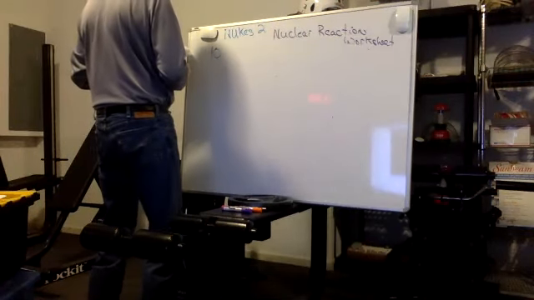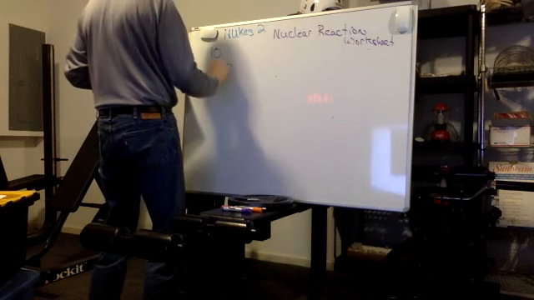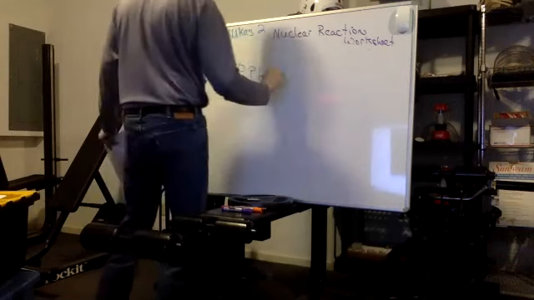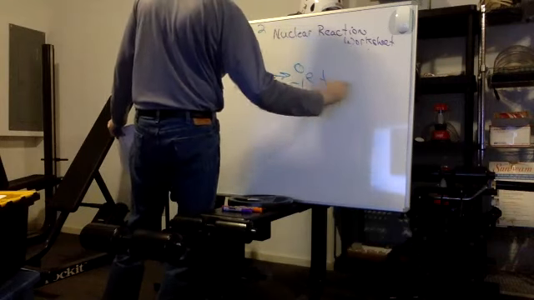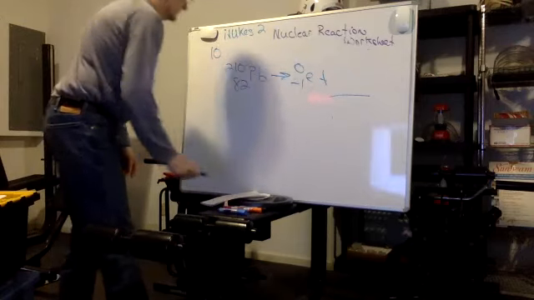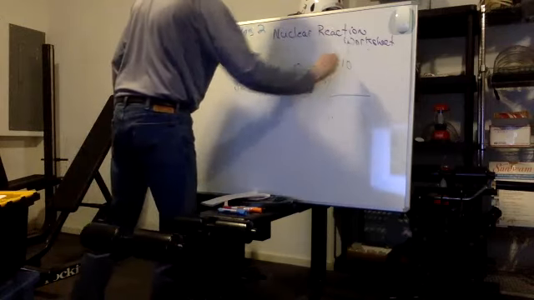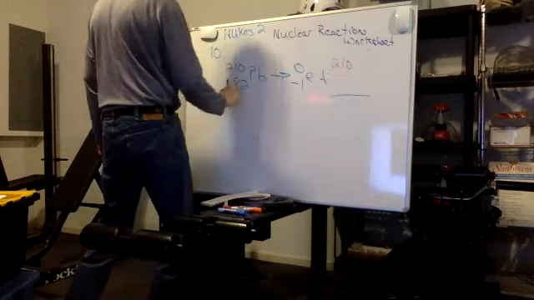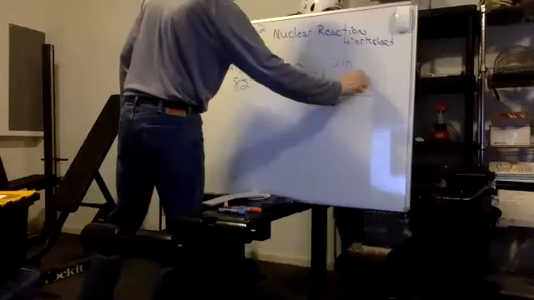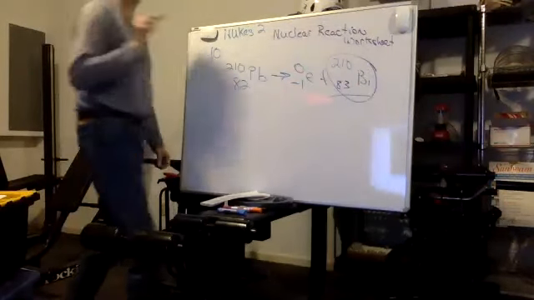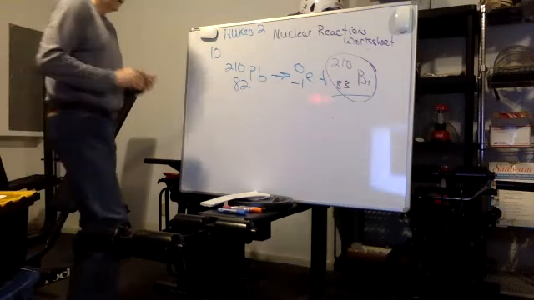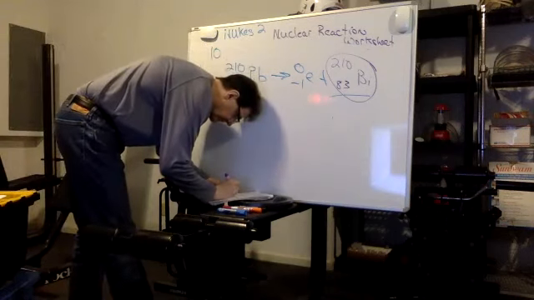Okay, so we got lead-210, and it's going to release a beta particle and the isotope. So let's see, 210, the mass slides over. You've got 82 and 1, so you need to get to 82, so you have to put 83 there because that's a -1, and that's going to be bismuth. Any questions there? That is number 10.